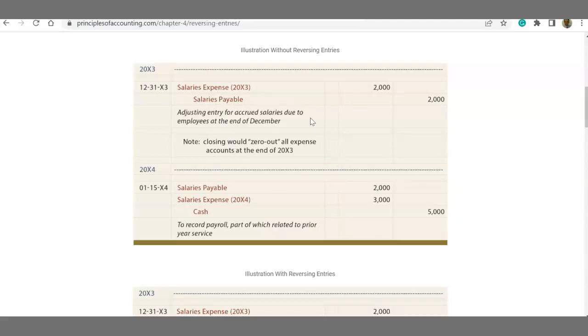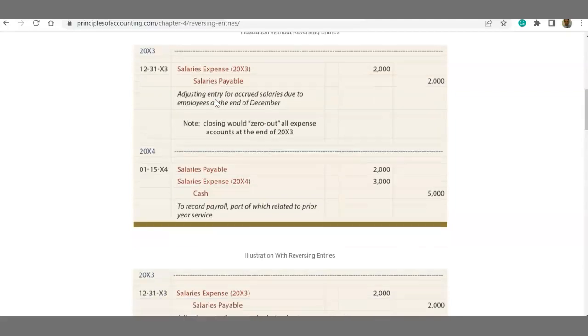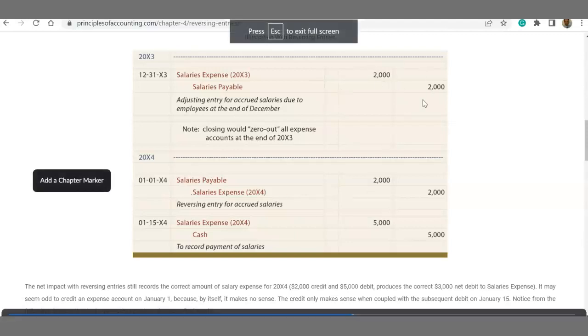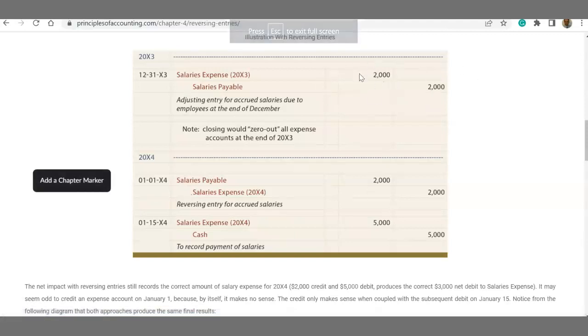So you record the expense, which is okay, fine, but as soon as the financial statements are ready, as of January 1st, you do a reversing entry. So on January 1st, on the very first day that you start the new year, you reverse whatever you did in here, okay?